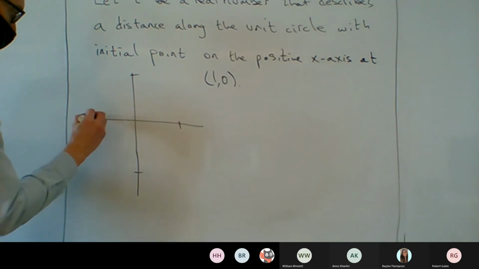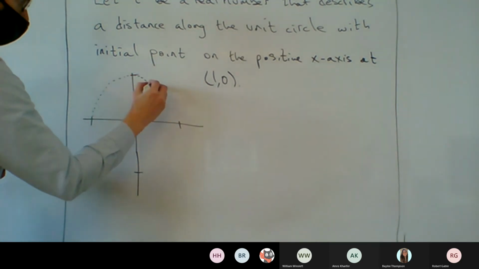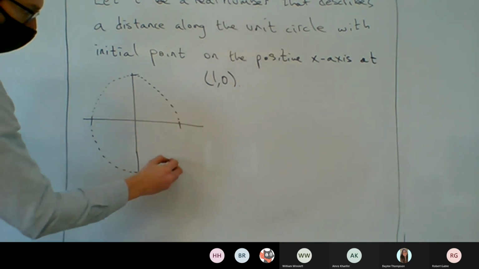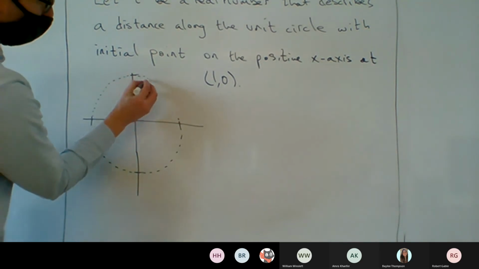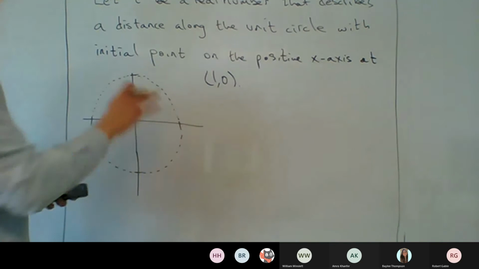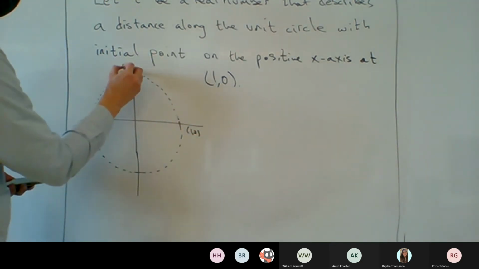I'm going to draw the circle with a dotted line, so I can draw my t on here too. So here's the point 1, 0, and 0, 1.